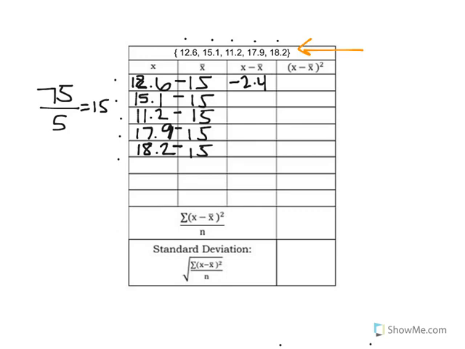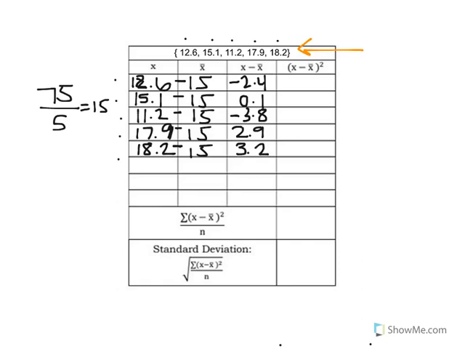The next one, 15.1 minus 15, you get 0.1. 11.2 minus 15, you get negative 3.8. 17.9 minus 15, you get 2.9. 18.2 minus 15, we get 3.2.